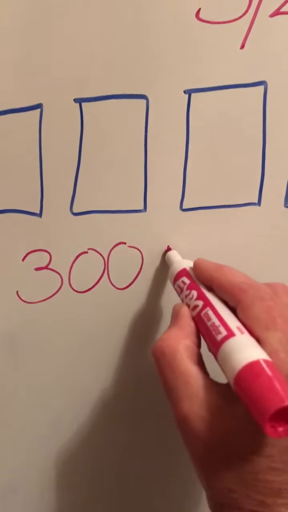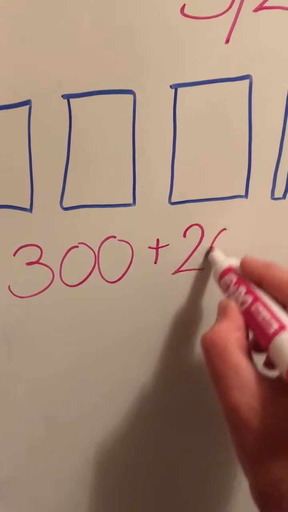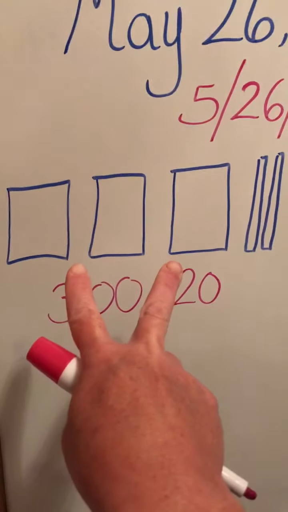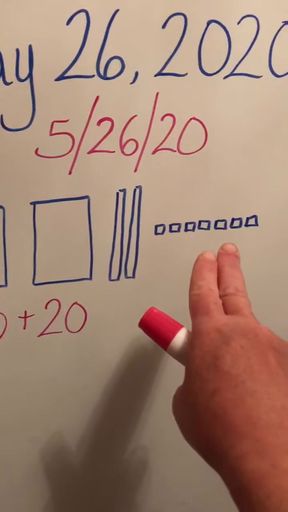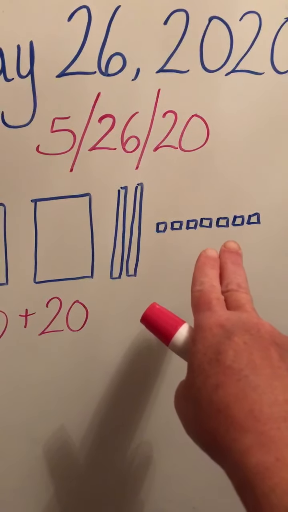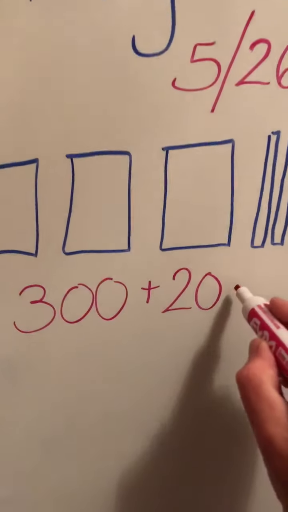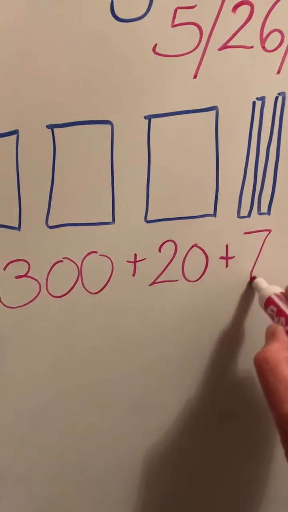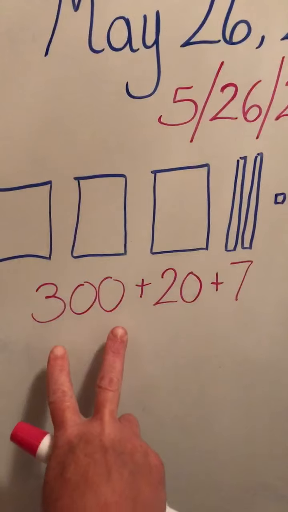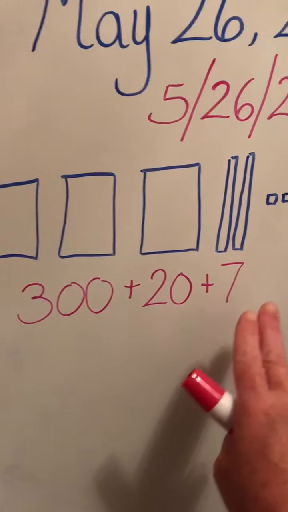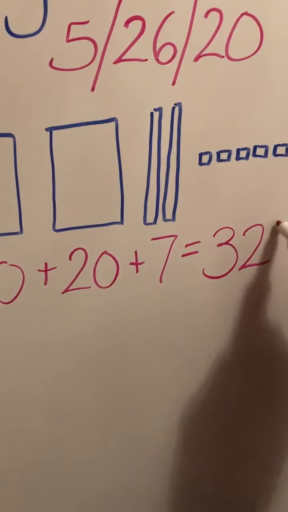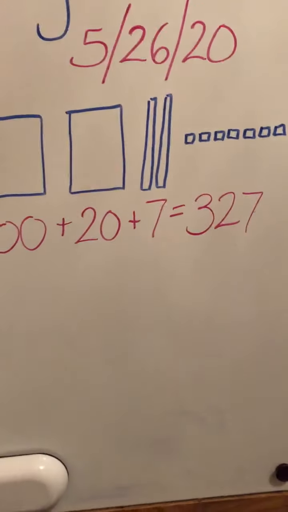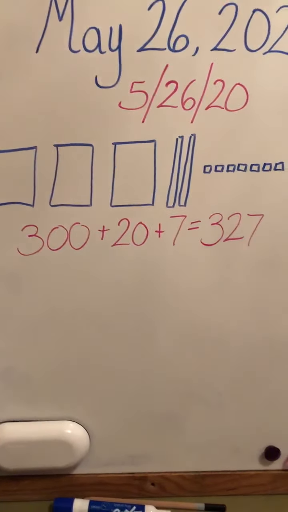So I'm going to say plus 20, because I have 300 plus 20, and then plus how many ones do we have? We have 7. So I would say plus 7. So 300 plus 20 plus 7 equals what number? 327. Doesn't that make sense?